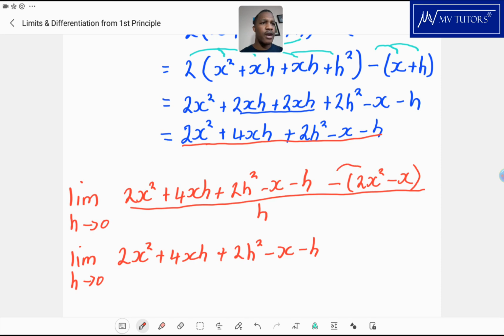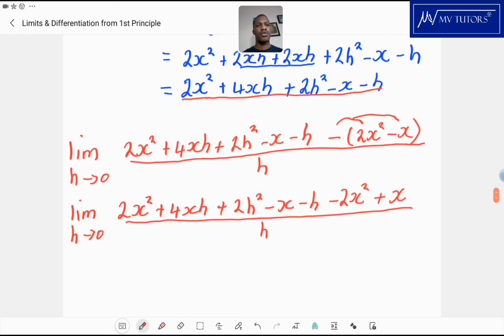Here, minus 1 times 2x squared is minus 2x squared, minus 1 times minus x is plus x, and then all of this is divided by h.